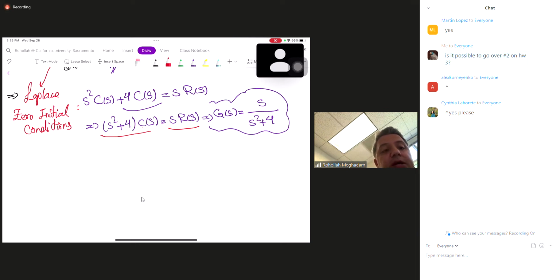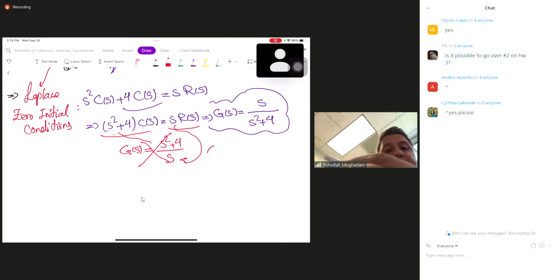But when they write G of s, they put it as s squared plus 4 over s. They do not put the polynomials or binomials in the correct position in the transfer function. This is not correct. G of s is C of s over R of s.